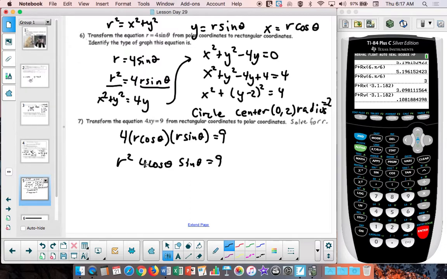You are then going to divide by 4 cosine sine, which is that bad boy. And then we're going to take the square root of this, plus or minus.